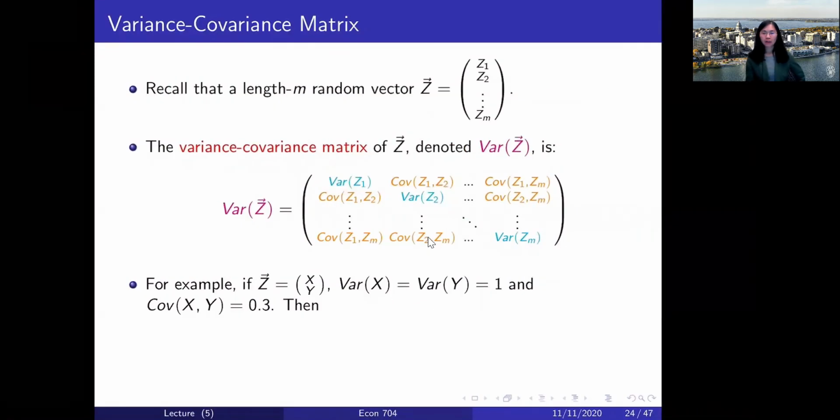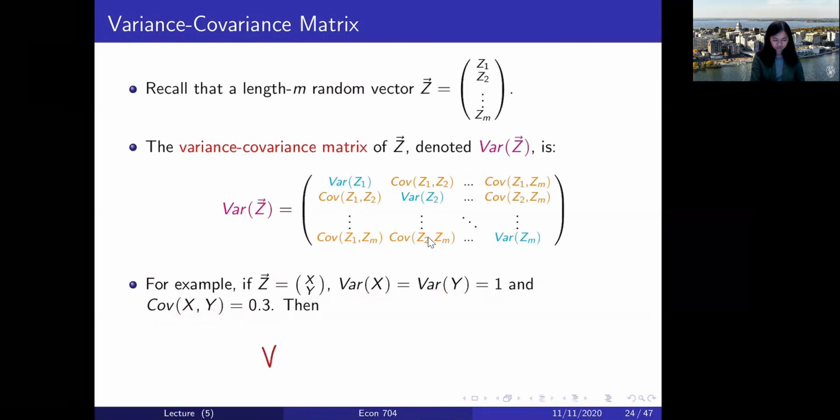Just to give you a simple example, suppose that z is two-dimensional. The first element of the z vector is x, which is a random variable, and the second element of z is y, which is another random variable. Suppose the variance of the first element equals the variance of the second element equals 1, and the covariance of the two equals 0.3.